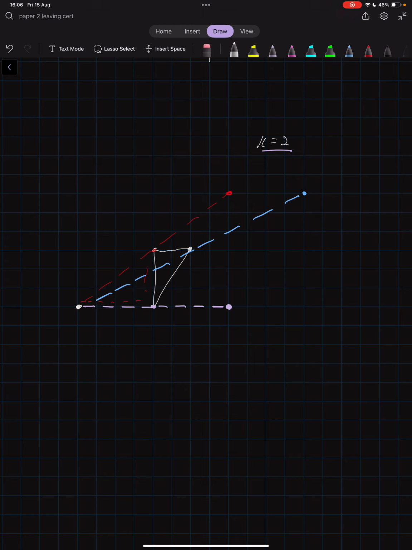So your new object is this one. So if this length is x, this length is also x. If this length is L, this is also L. So again, they'll ask you to do this on your page, basically, and you'll just measure it out. Okay? And then you'll just multiply it by whatever k is. So in this case, your scale of enlargement or scale factor is 2 because you've doubled it.